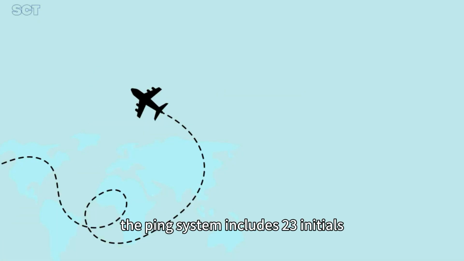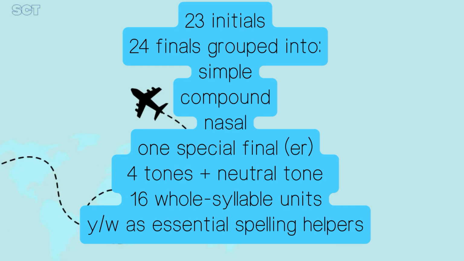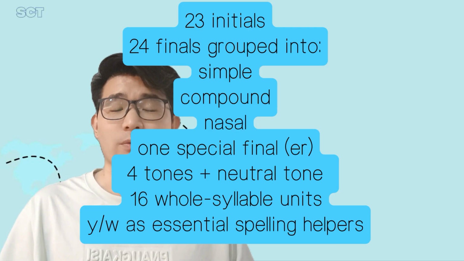The pinyin system includes 23 initials, 24 finals grouped into simple finals, compound finals, nasal finals, and one special final. And in pinyin, there are 4 tones and 1 neutral tone, 16 whole syllable units, and also y, w as essential spelling helpers. Once you see the whole structure, the system becomes clear and logical.